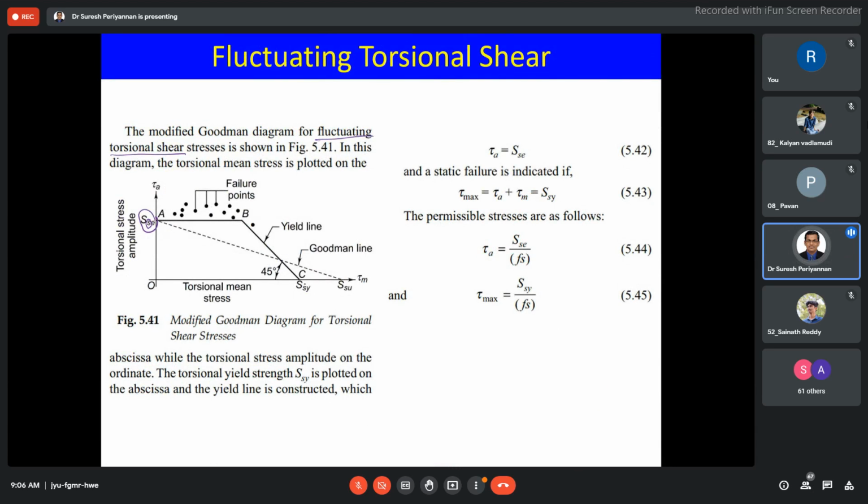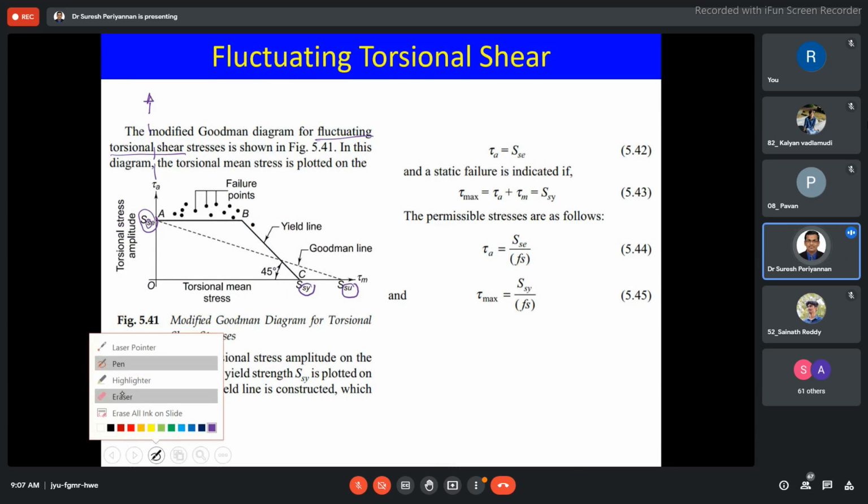Now here SSY. Earlier we considered SYT and SUT under tension. Under shear, we are considering SSY, the ultimate strength under fluctuating shear, torsional shear. The same concept I am using here. This is what I considered as SYT in the earlier diagram.